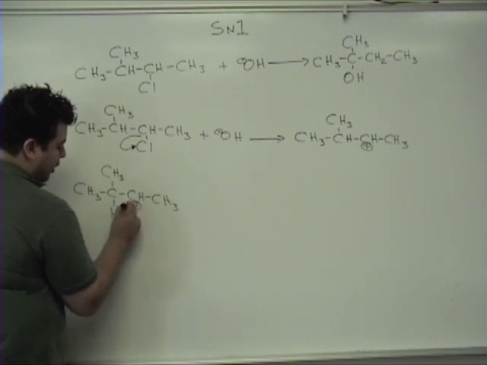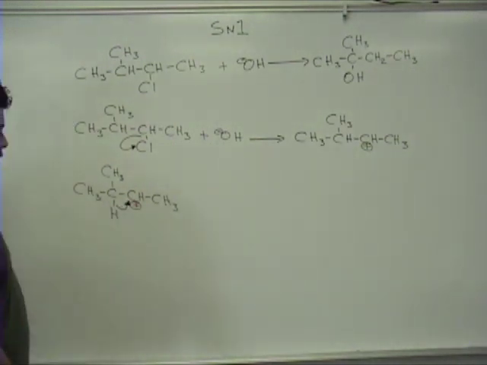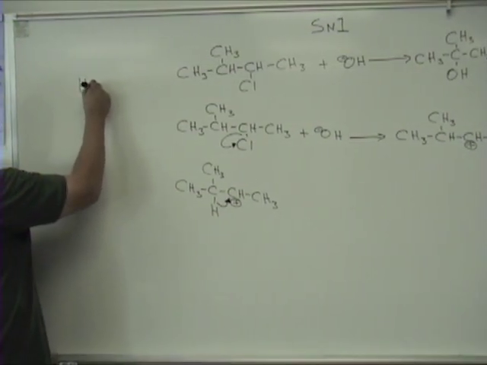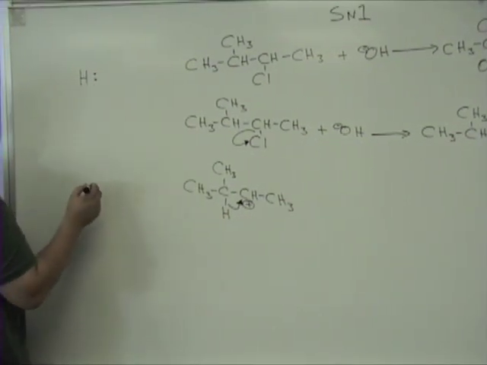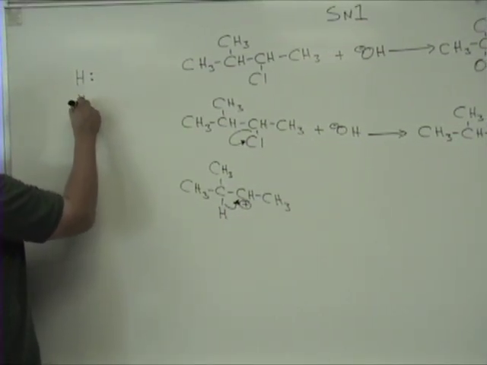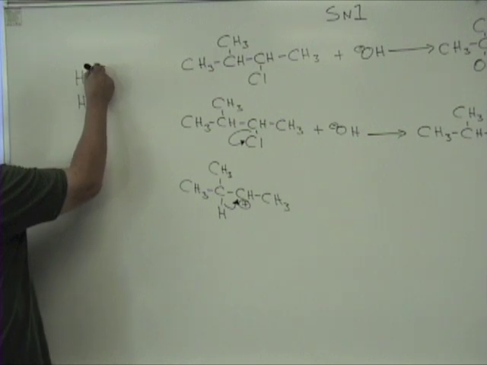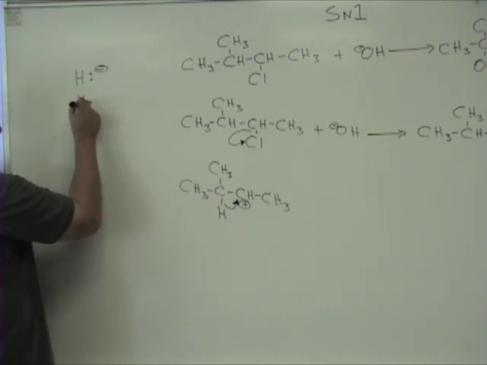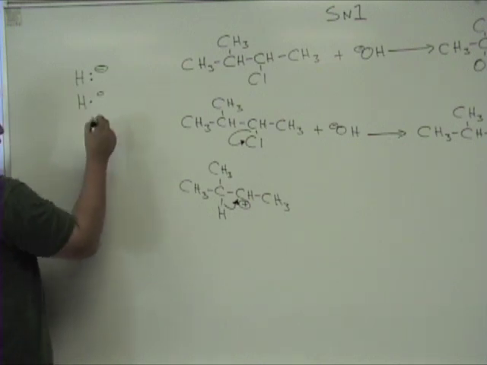So the hydride is going to move with the electrons. We have to remember that a hydride has 2 electrons. That's a hydride, hydrogen with a minus. Hydrogen has 1 electron and 1 proton, so the overall charge is 0.